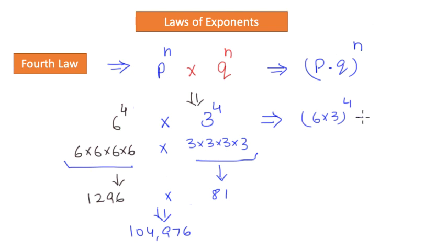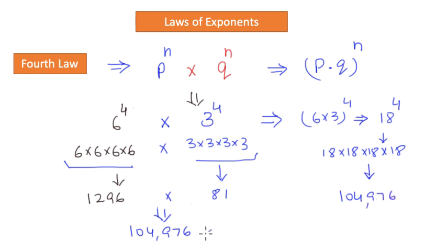If I were to expand this product, 6 times 3 to the power 4, it becomes 18 to the power 4, which is stating that 18 is multiplied by itself 4 times. And when you solve this product, it comes out to be 104976.